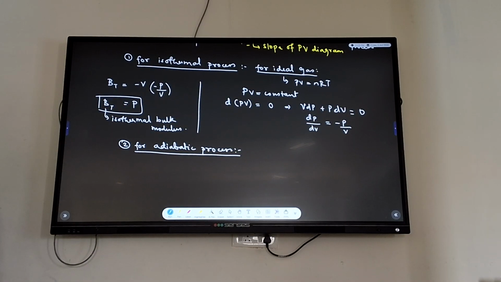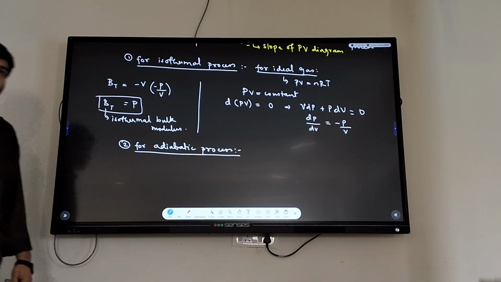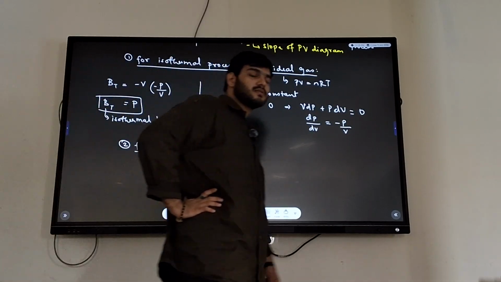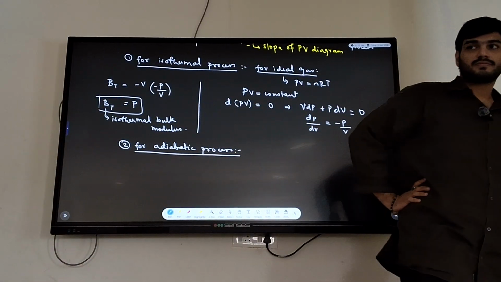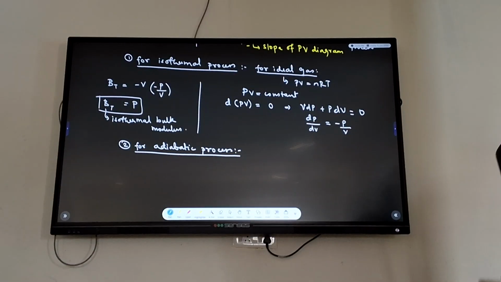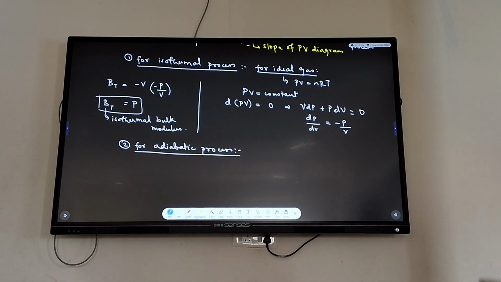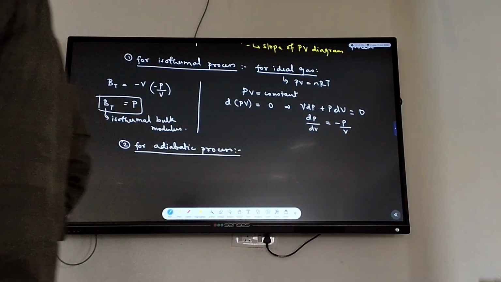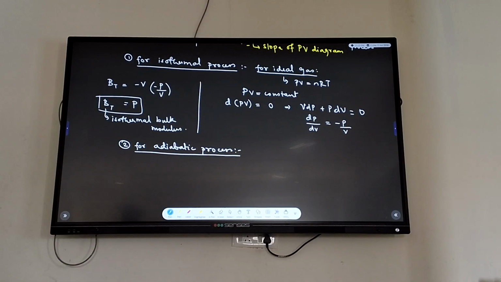What is dp by dv for an adiabatic process? Come on, don't take so much time, it should come very easily.